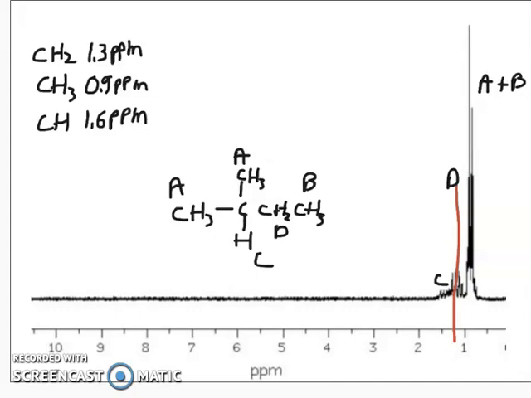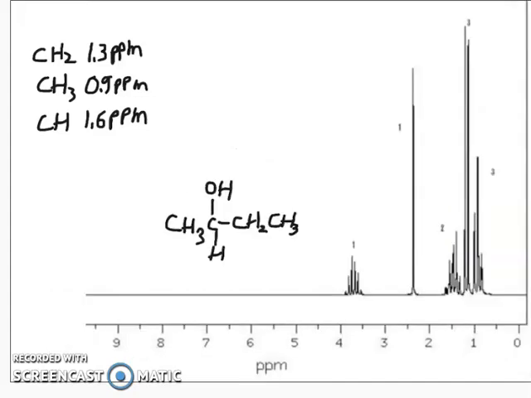In general, not universally, but in general, most of our substituents will move the signals further downfield. Usually an electron withdrawing substituent moves our signals further downfield, and we'll see that in a minute.